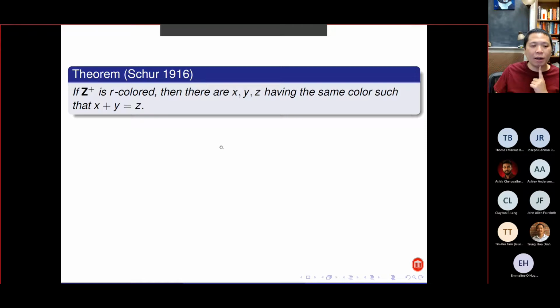If you color or partition the integers, let's say the positive integers, by r colors, then you can find three numbers, x, y, and z, in the same color class, such that x plus y is equal to z. So x, y, and x plus y have the same color.